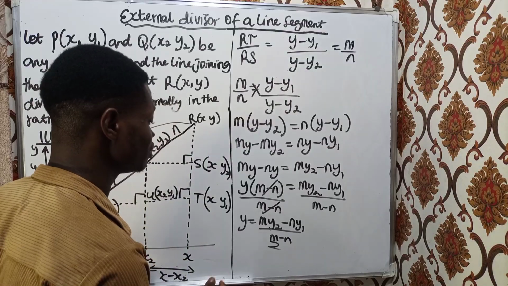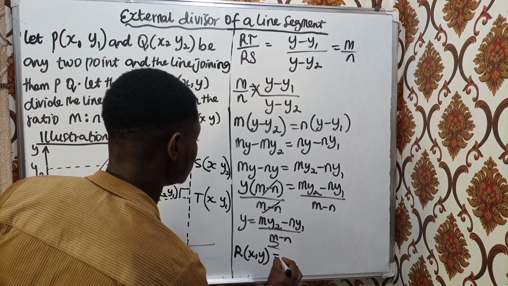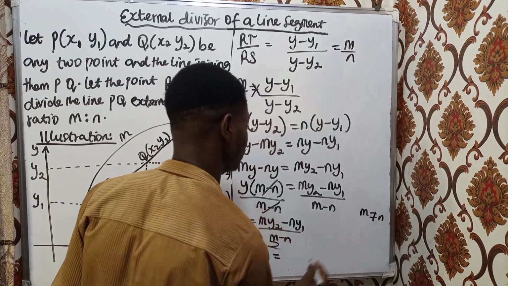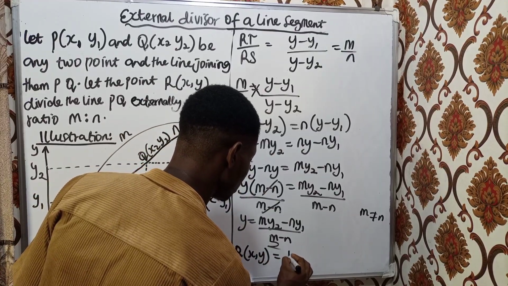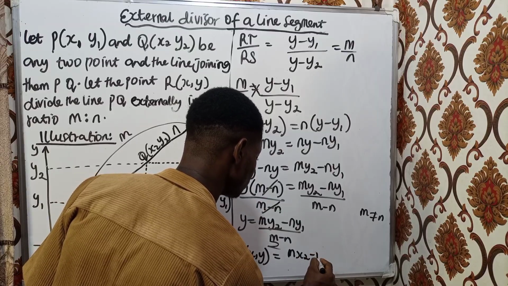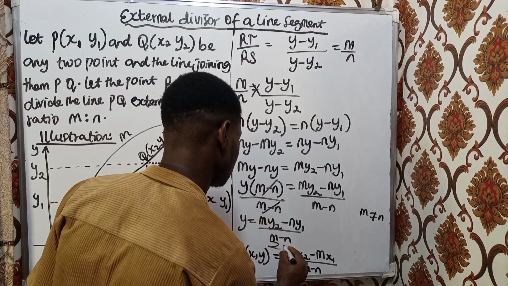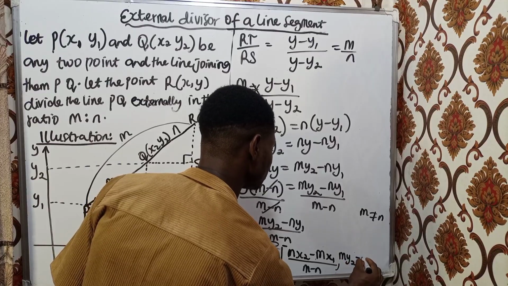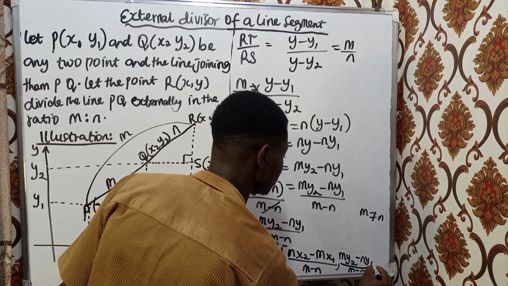So therefore we can now say that R of x comma y is equals to, for external divisor, remember m is not equal to n. So we are going to have that the x value is mx2 minus nx1 all over m minus n. And y is my2 minus ny1 all over m minus n.